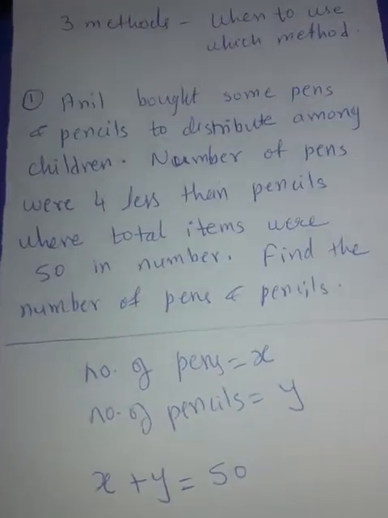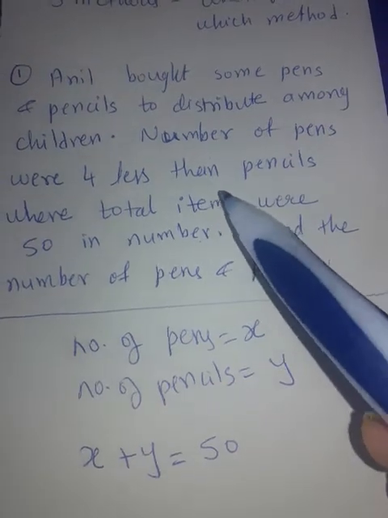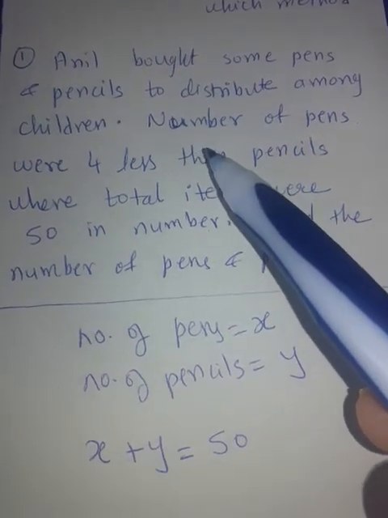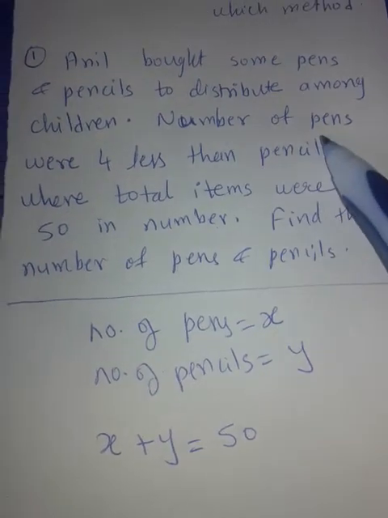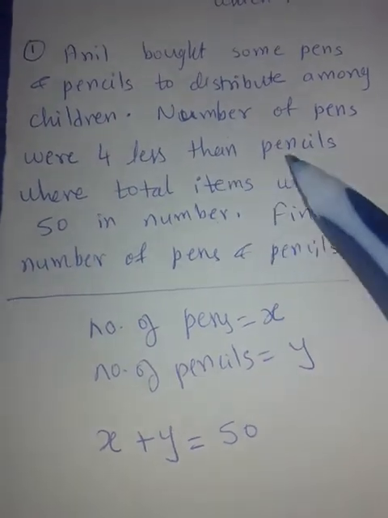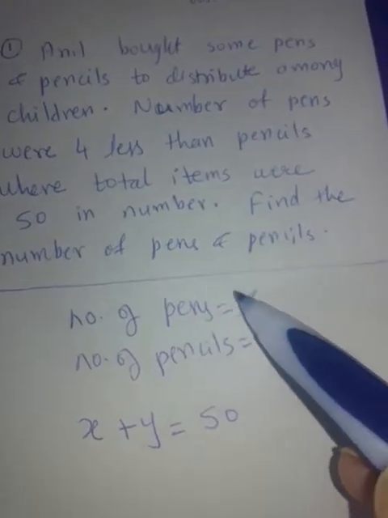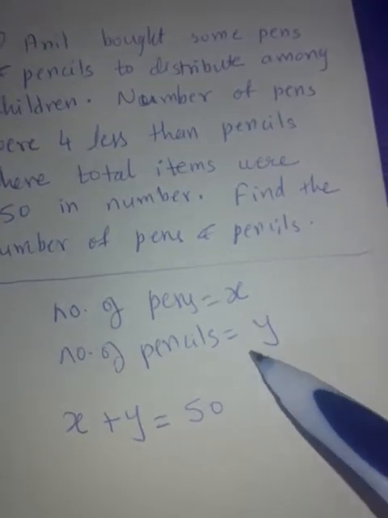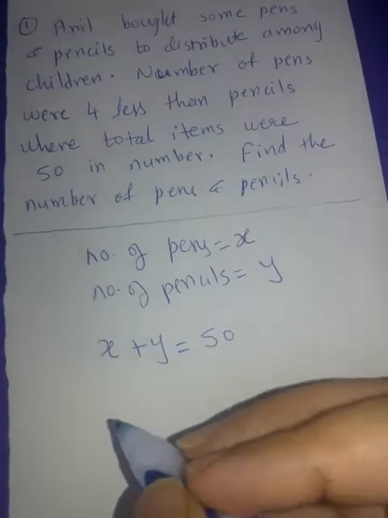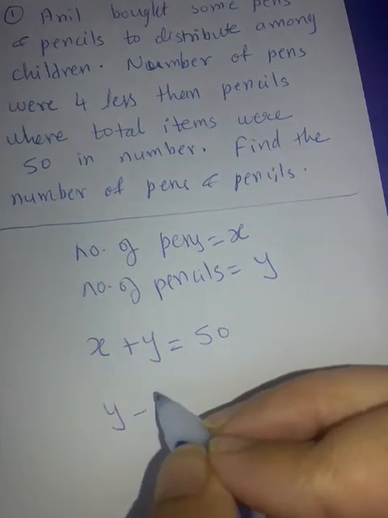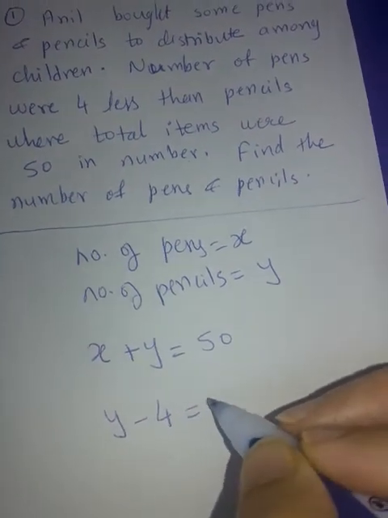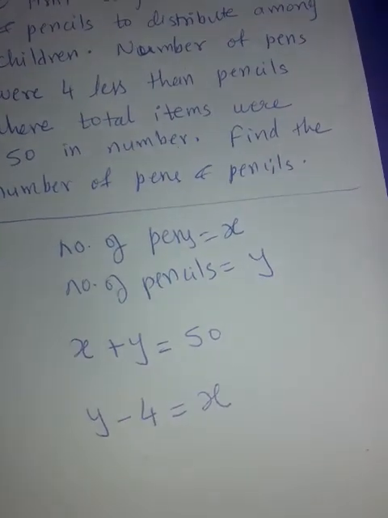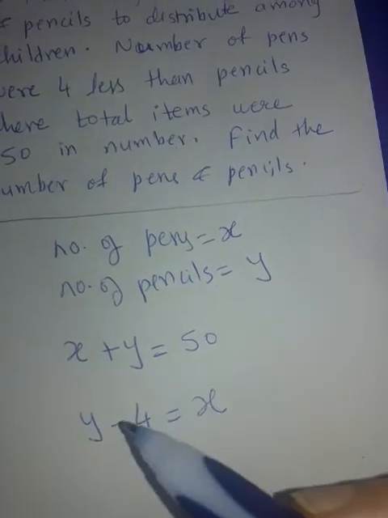That we have. Another information is given to us. Number of pens is 4 less than pencils. This is pen and it is 4 less than pencil. That means y minus 4 is equal to x. This is given to us.